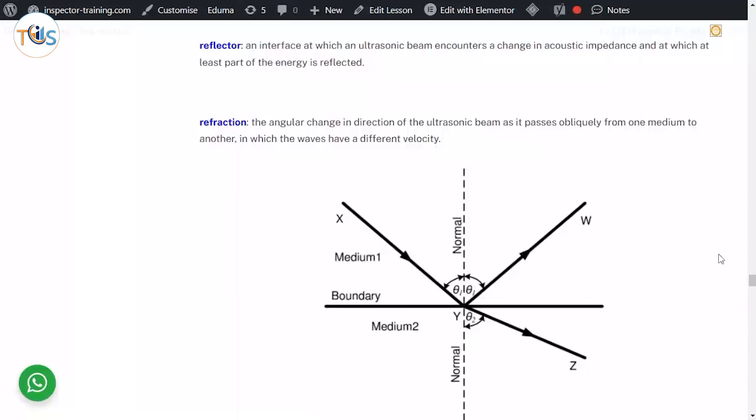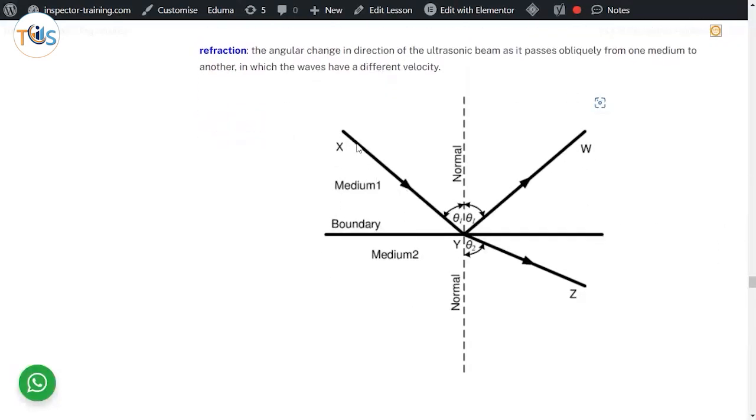Reflector: the interface at which an ultrasonic beam encounters a change in acoustic impedance, and at which at least part of the energy is reflected. Refraction is when the sound travels from one medium and hits another medium. Part of it is reflected at the same angle, as you can see here, and when it hits another medium, it changes its angle if it passes through.